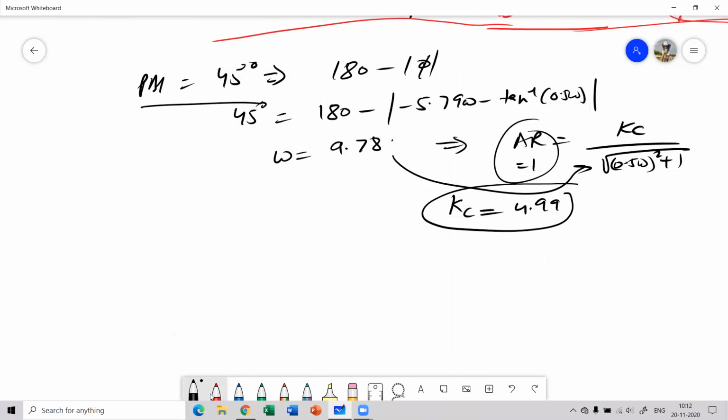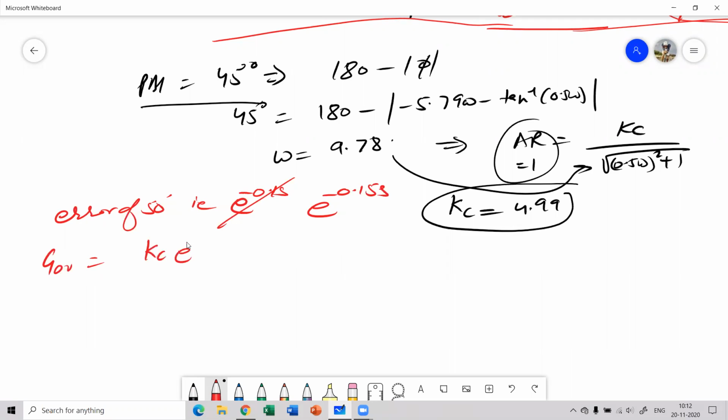Now let's say an error of 50%. That is, instead of 0.1, it's actually 0.15. ठीक है? So overall transfer function was Kc e minus 0.15s over 0.5s plus 1. ठीक है? और इसका एम्पलीट्यूड रेशियो कितना है?